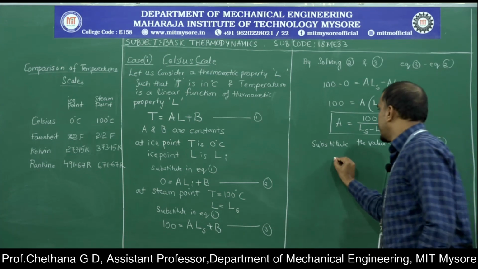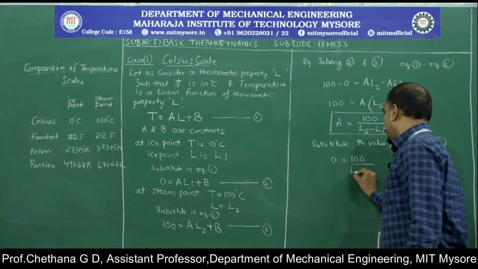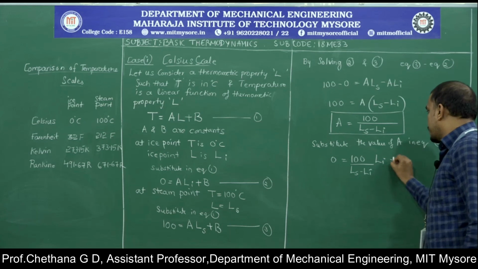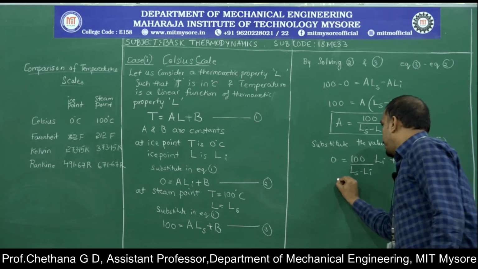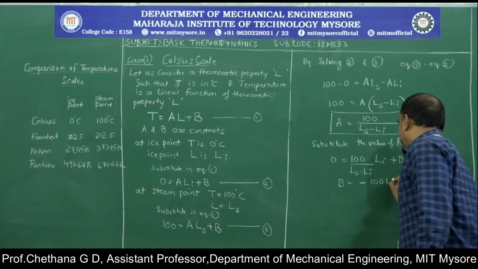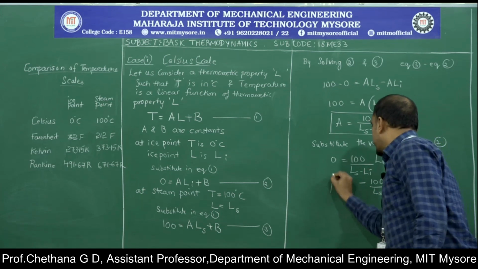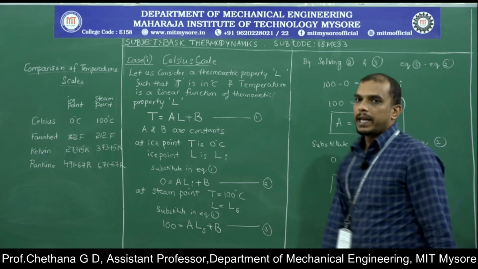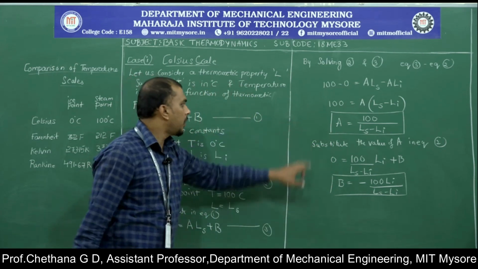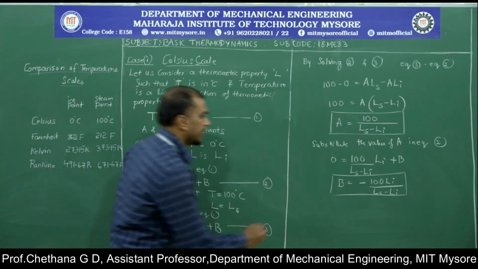So you get 0 = 100 Li divided by (Ls minus Li), plus B. Therefore, B is equal to minus 100 Li divided by (Ls minus Li). So we got the values of A and B. Substitute the values of A and B in equation 1, and you get the expression for the Celsius scale.